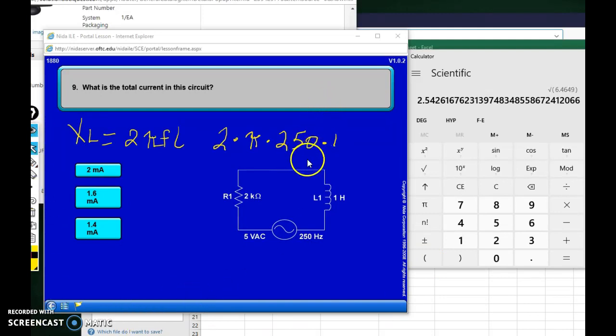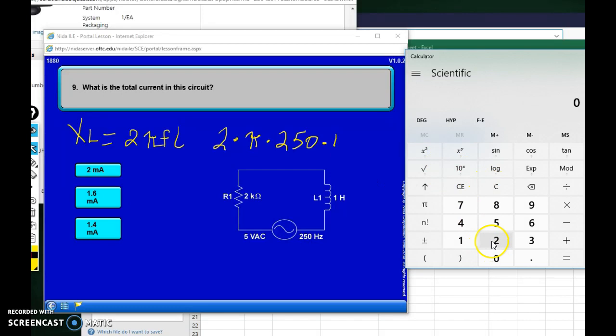Obviously I didn't put the 250 hertz or the 1 Henry, but we know what we're dealing with there. We're just doing the math. So we're going to get that X of L by saying 2 times pi times 250 hertz times 1 Henry. So that is 1571.